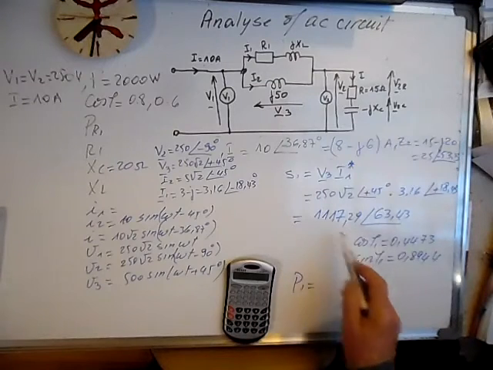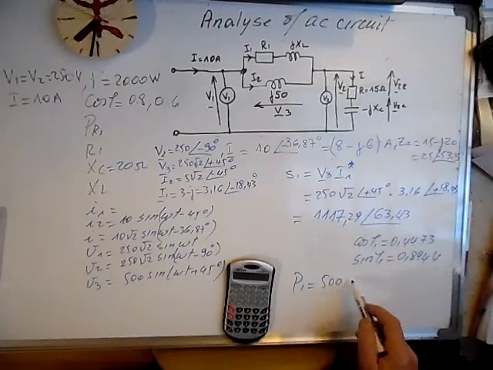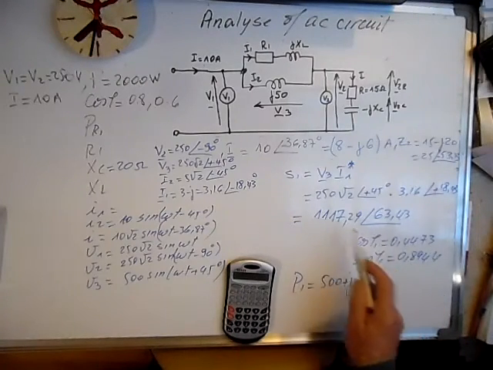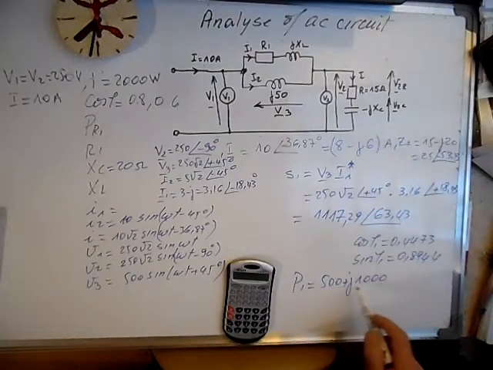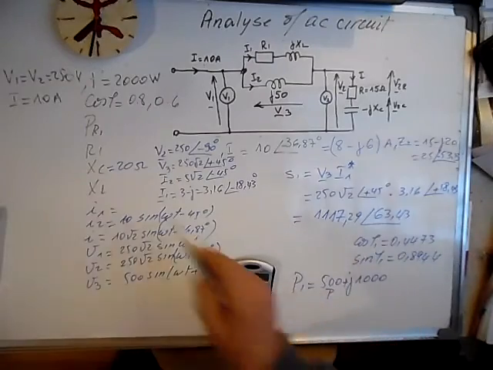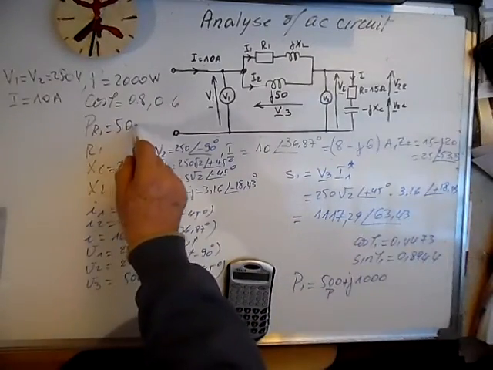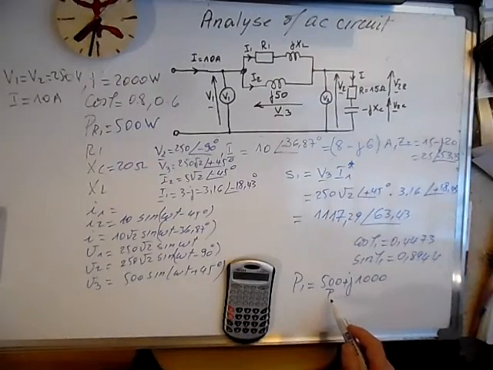P1 is this one times this one is 500 watt, and plus this one times this one is 1000. This is Q1, this is P1, PR1, what we call 500. You can write here 500 watt. And we are left with this.